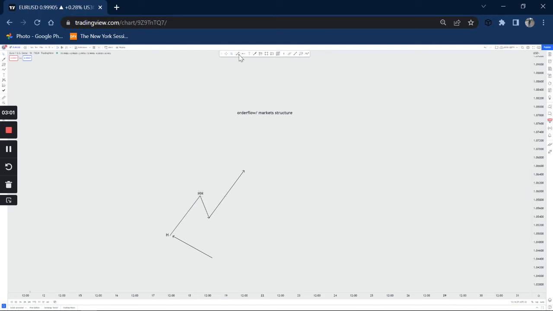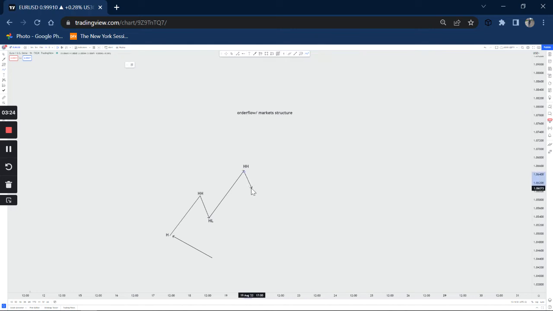And then we have higher lows. So we have highs here, we have higher highs and higher lows here, and then we're gonna be continually making higher highs here because the price is in a bullish trend.